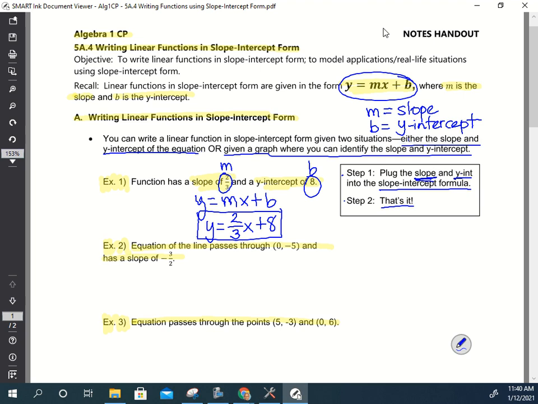So that problem takes probably, for some of you, like 10, 15 seconds after you read the problem. So, any questions on example 1? I already know some of y'all are thinking it can't be that easy, but you'll start out easy before you get to harder stuff.